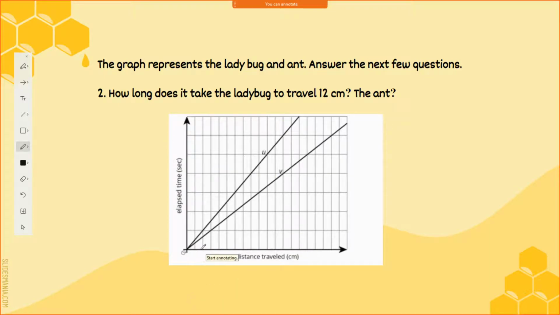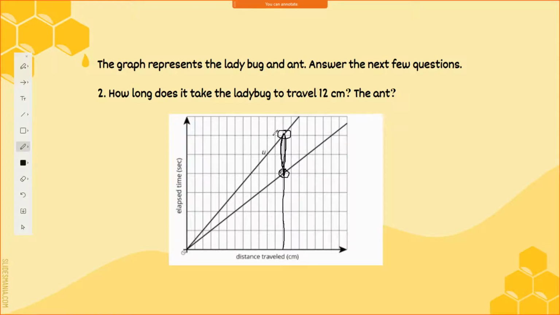So that's 1, 2, 3, 4, 5, 6, 7, 8, 9, 10, 11, and 12. Now I'm going to trace up this line so I can see where my line hits for the 12. Okay, so this is where it hits for the ant, and this is where it hits for the ladybug.